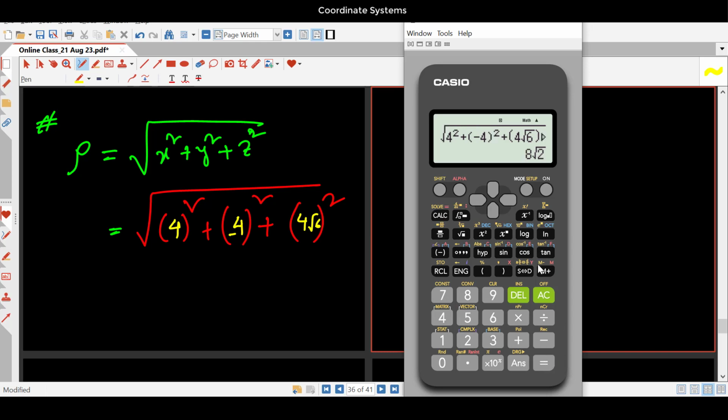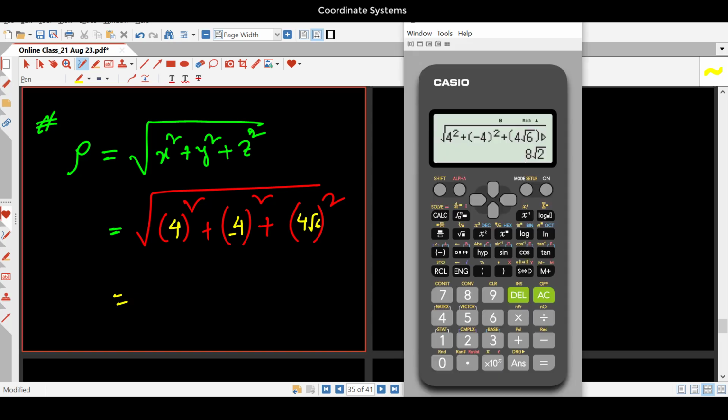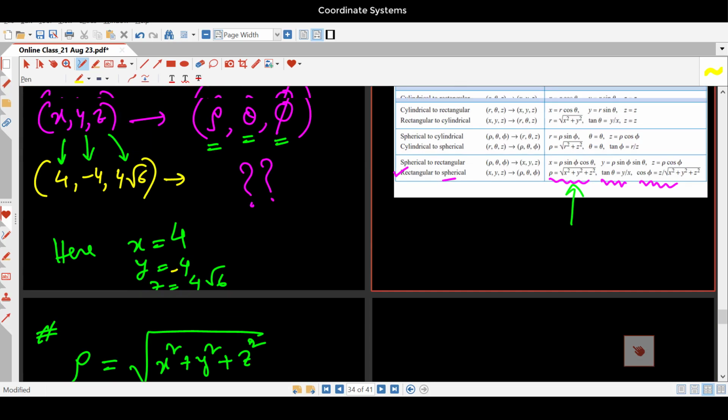So let's see what happens. So we are getting the result of this calculation, that is, it is 8 root over 2. So this is our first value for rho. So rho has been found.